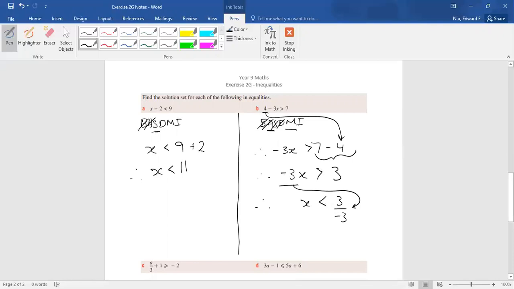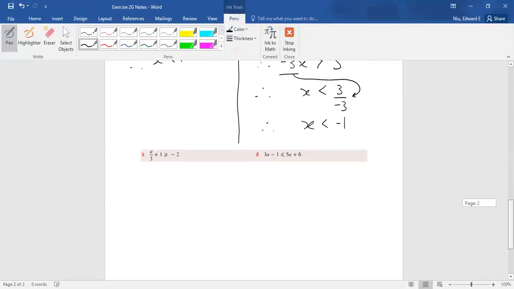So see how it's pointing on the right side. Now it's pointing on the left. And so we know x is going to be -1 because 3 divided by -3 gets us -1. And what it's saying is, for this inequality to hold true, x here needs to be -1, or less, a number less than -1. All right?